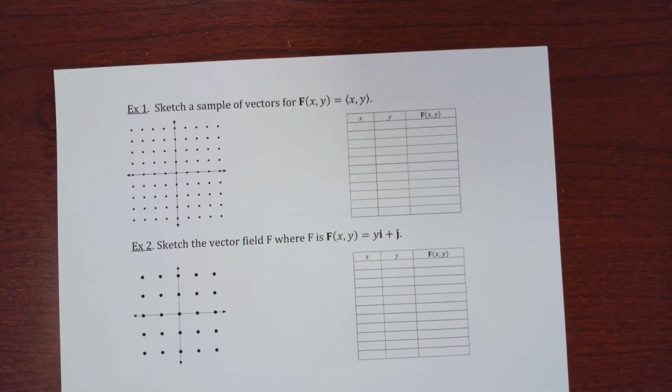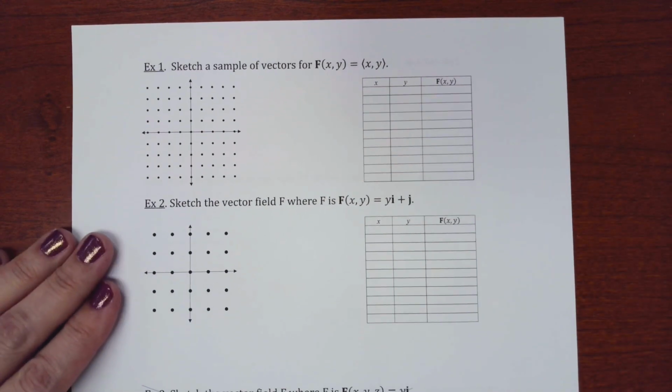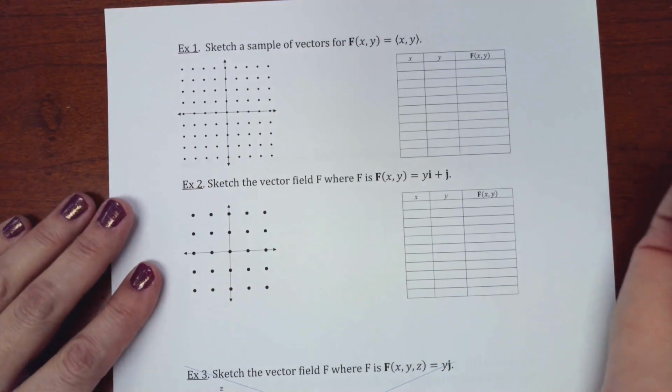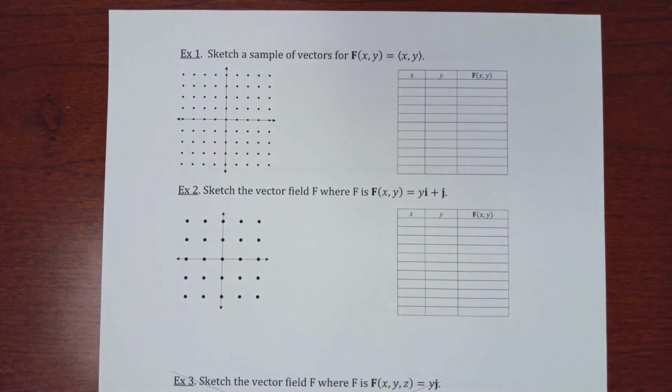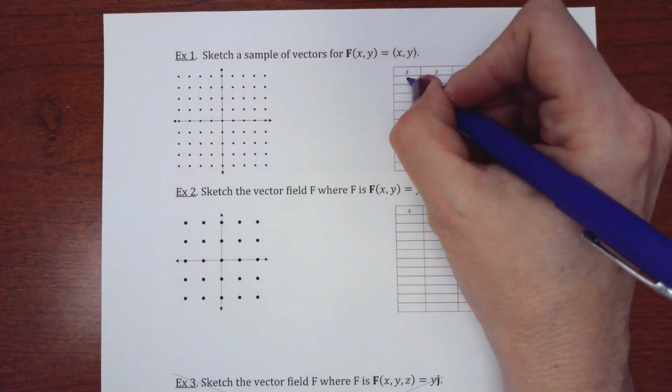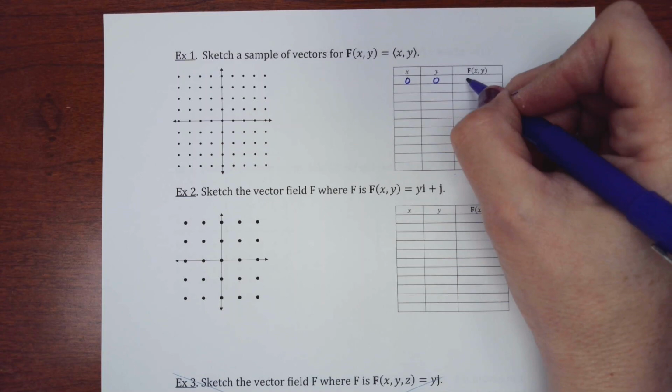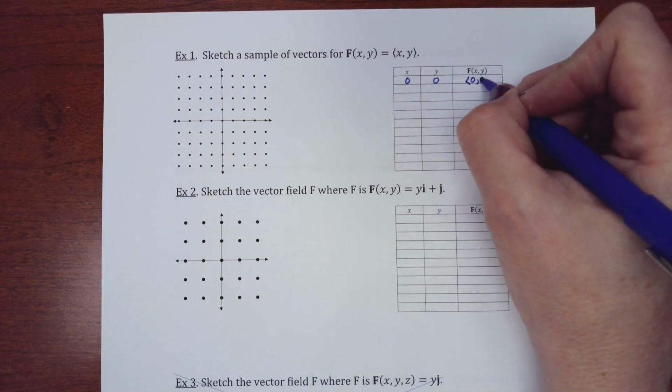All right, so I want to do this one right here. On your homework, you'll have to make a little table for yourself, and we're just going to pick some points. My vector field is kind of an easy one, x, y. We're going to pick some points, and then it's just going to stay the same. The vector is going to match the point. If I put the point 0, 0, I get the vector 0, 0.